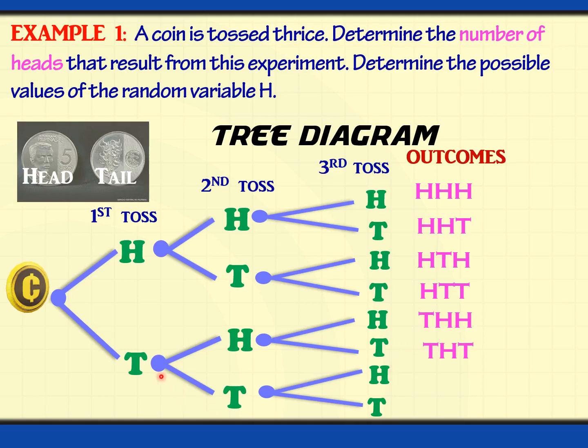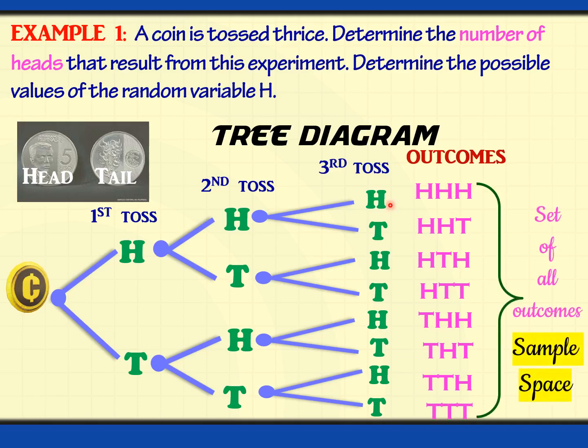Now, but if we have a tail on the first toss and a tail on the second toss, we can either have a head or a tail on the third toss. So, we will have an outcome which is tail, tail, head, or three tails. So, these are the possible outcomes, or these are our set of all outcomes, or our sample space in our experiment tossing a coin 3 times.